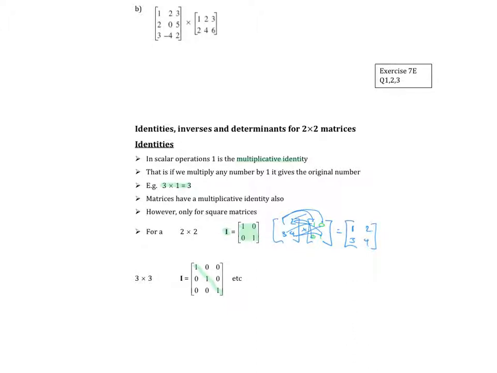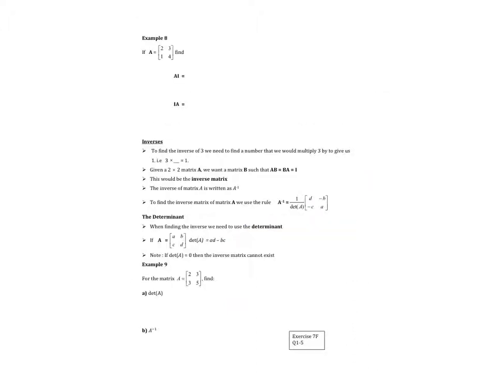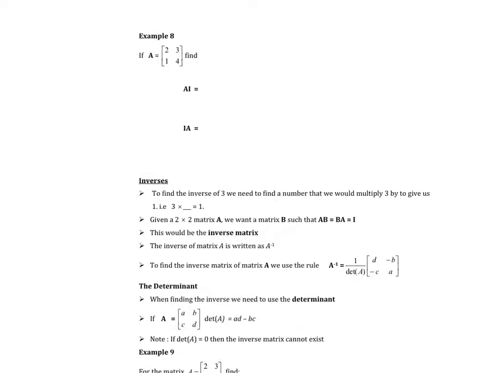Now, that sort of becomes important. We want to try and solve some equations, all right? So, well, we should nearly know what these answers are. If A is equal to 2, 3, 1, 4, find AI.